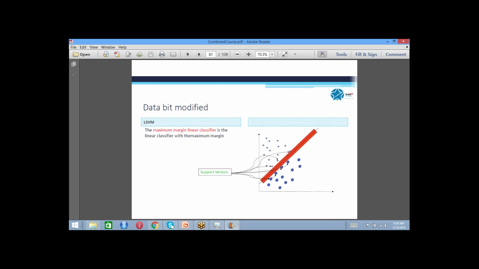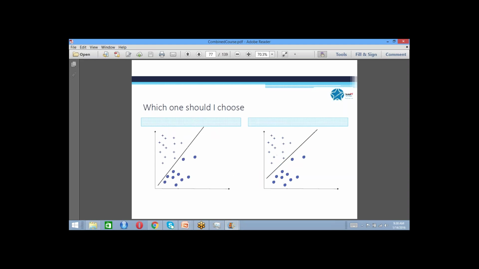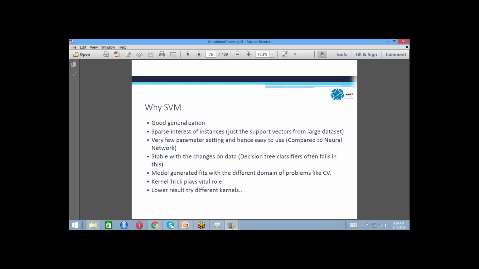So for a classifier in SVM, we only talk of one support vector machine. You cannot talk of multiple linear classifiers because it generalizes the notion of a linear classifier to include a notion of what is the maximum margin to which all the classifiers will fall into, plus include what are the boundary data points. So SVM is a very interesting generalization and a very interesting find in machine learning parlance.